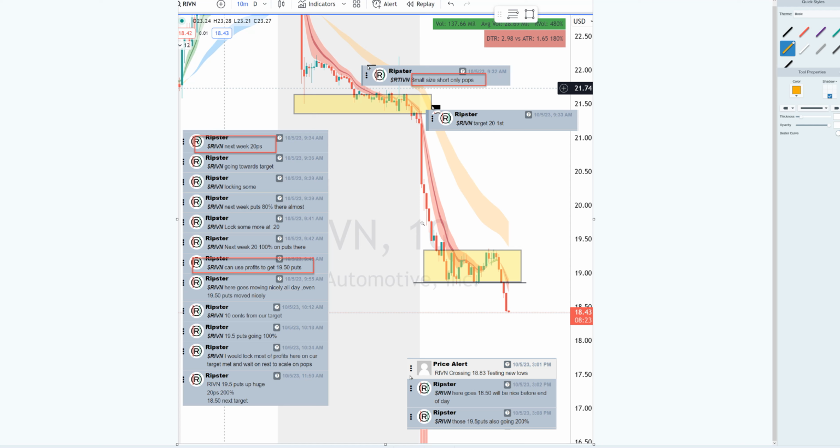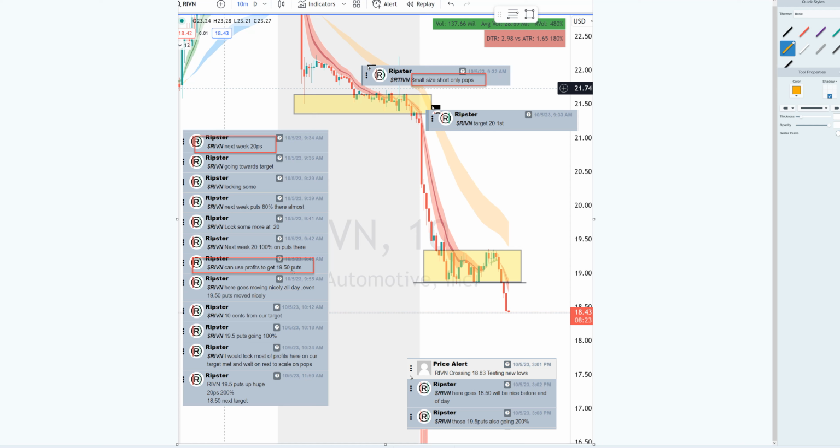Then we locked some at $20, and then we held. Next target, we actually used the profit to get 19.50 puts. So already short the shares and the options, 19.50 puts using the profit that we just made. If you invested $1,000, you already got a return of another $1,000 by the time we reached 20.